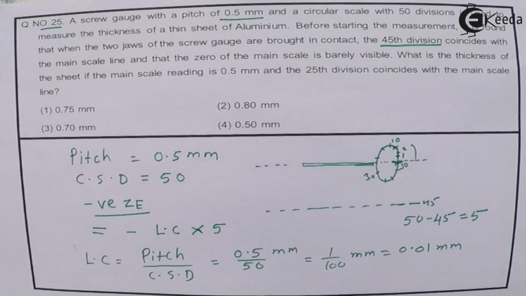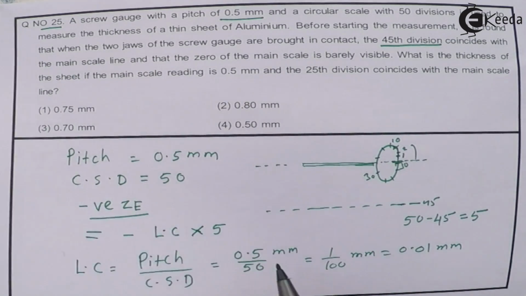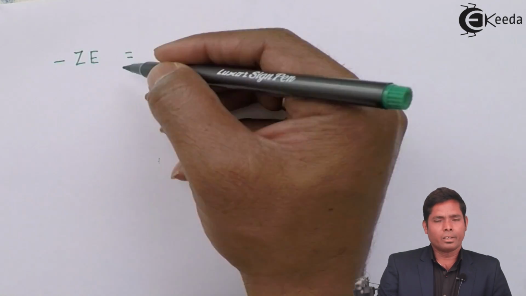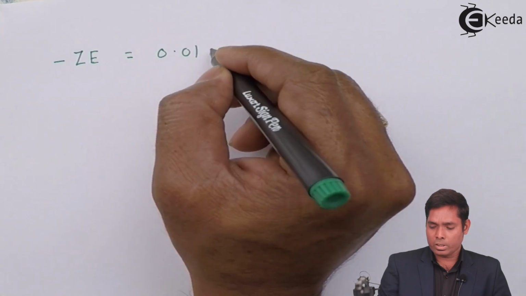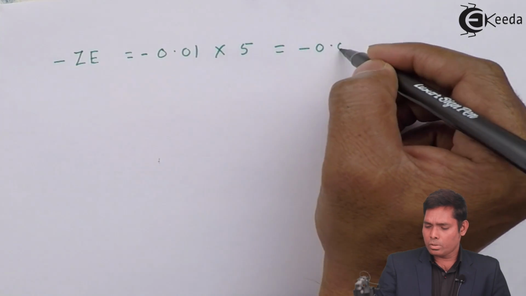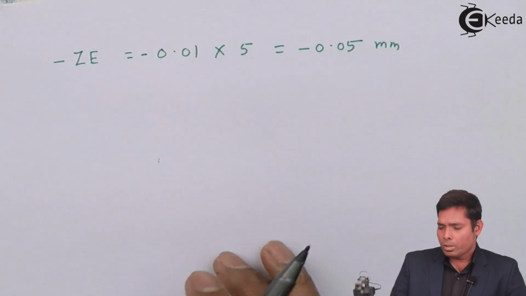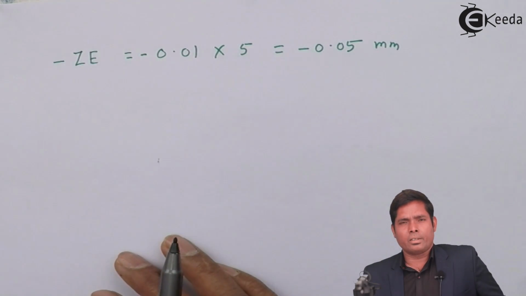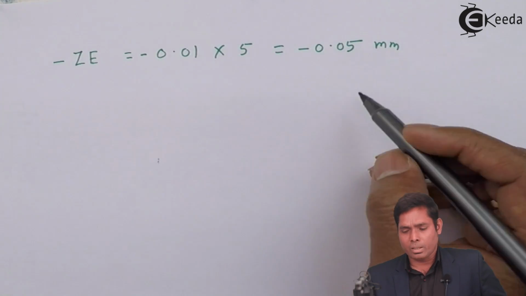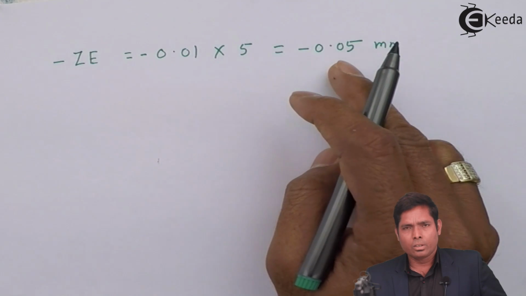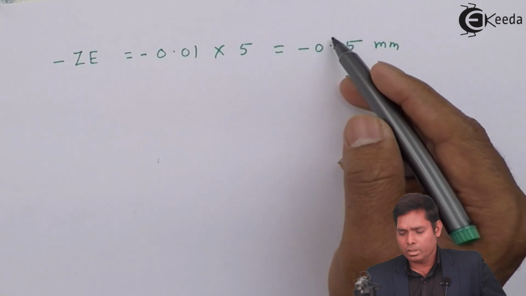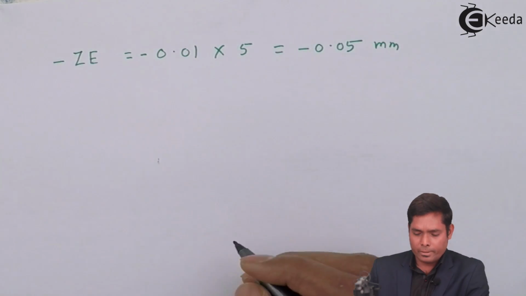So the least count of the instrument is 0.01 mm, and the negative zero error reading is 0.01 into 5, with a minus sign, so it is minus 0.05 mm. For any given measurement, the instrument measures this length lesser than the actual value, so this magnitude has to be added to the final reading.